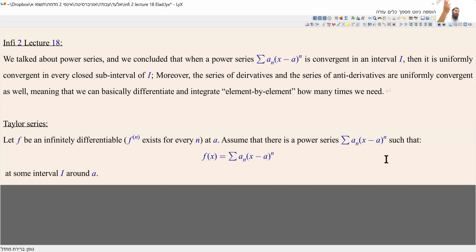I mean, the geometric series is the function 1 over 1 minus x, not for every real x, but around the segment between -1 and 1 around 0. And we will discuss this assumption on Tuesday: how can we really tell the function equals some power series?